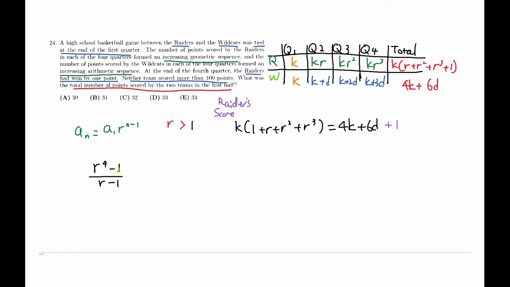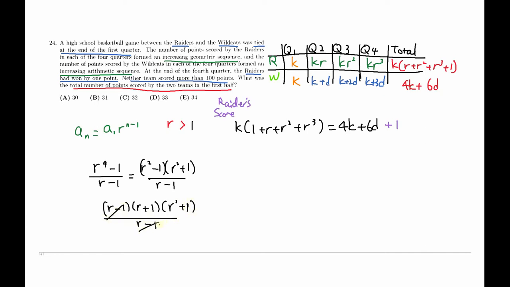You can still solve this because that's not the main idea, but just to let you know, r to the 4th minus 1 can be broken into (r squared plus 1)(r squared minus 1), and r squared minus 1 can be further reduced to (r minus 1)(r plus 1).